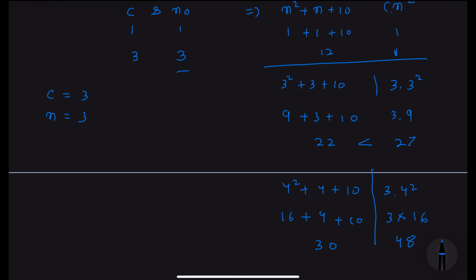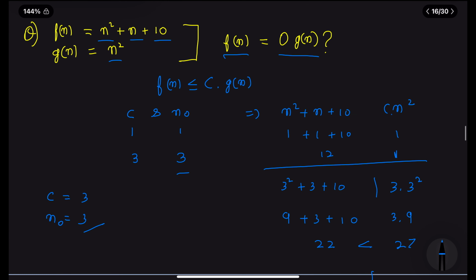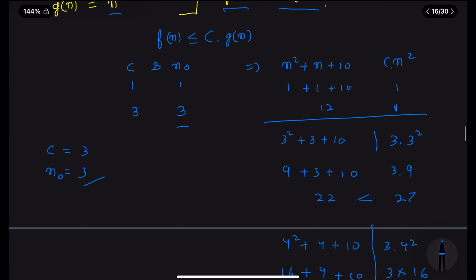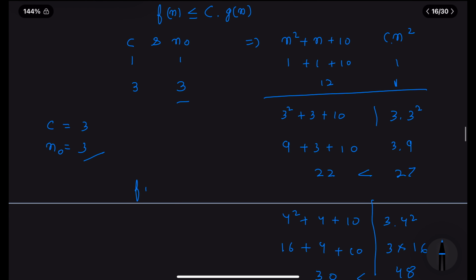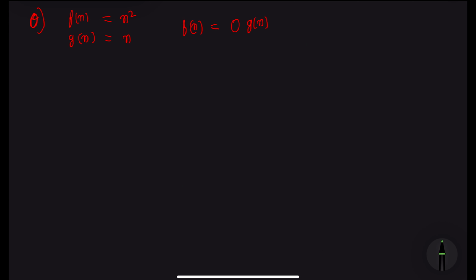So here also f(n) is smaller than c of g(n). So after n naught equal to 3, if we take any value of n, then we can see this condition will always be satisfied. So we can say here f(n) is big-O of g(n).